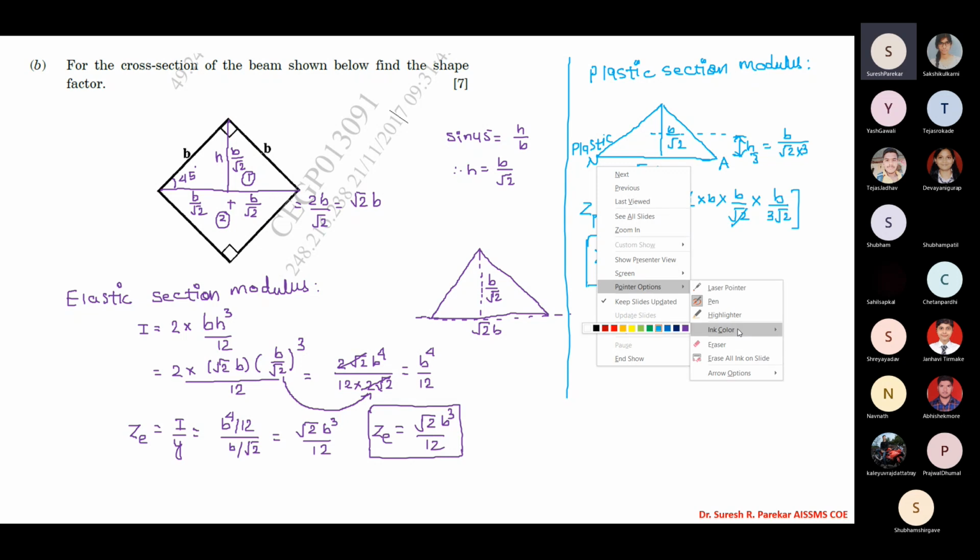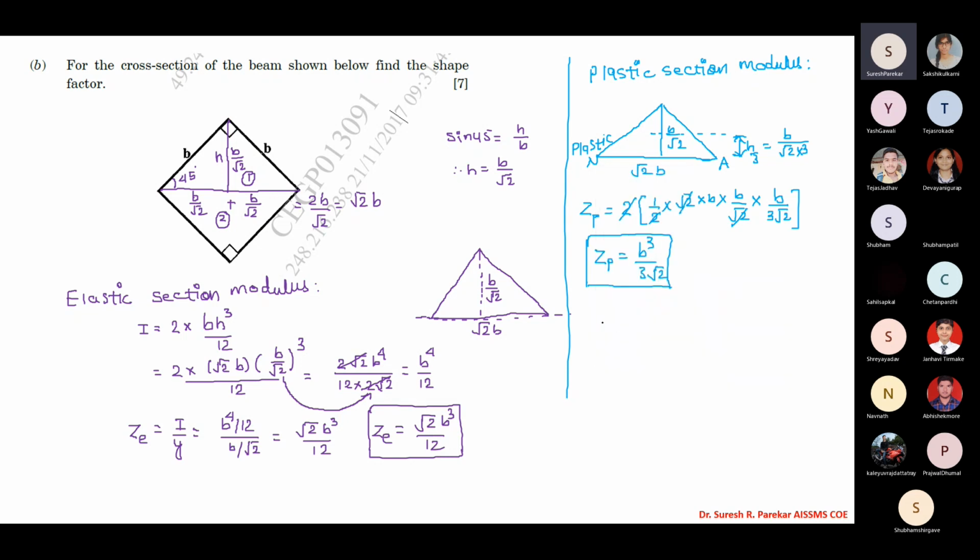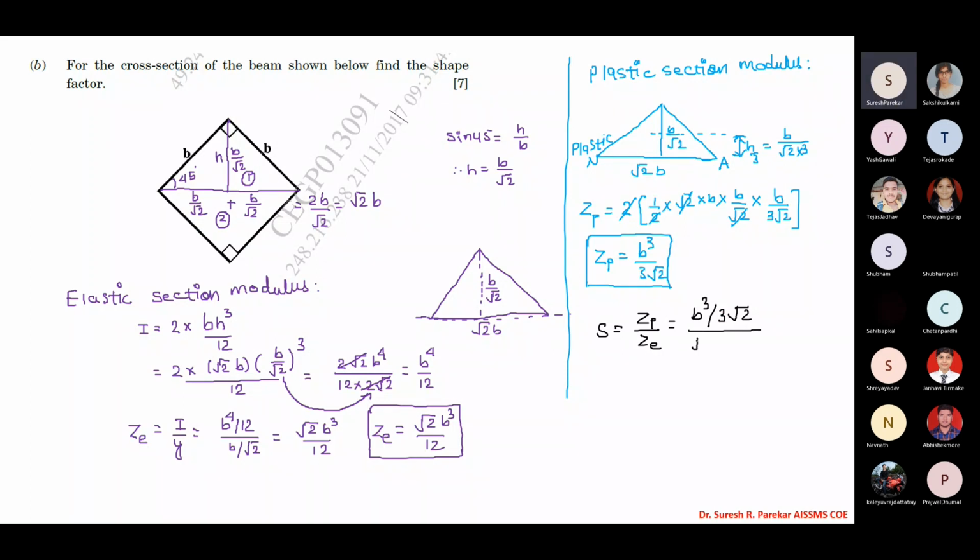Now, once I have these two values, I can find shape factor S equal to ZP by ZE. ZP we have B cube upon 3 root 2 divided by ZE, root 2 B cube upon 12. So this B cube gets cancelled.